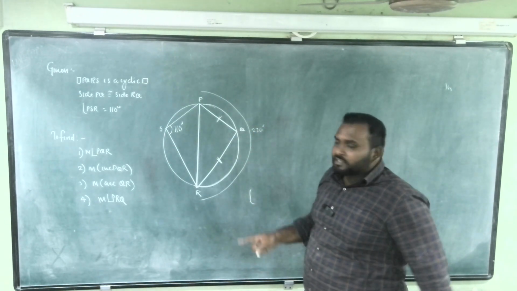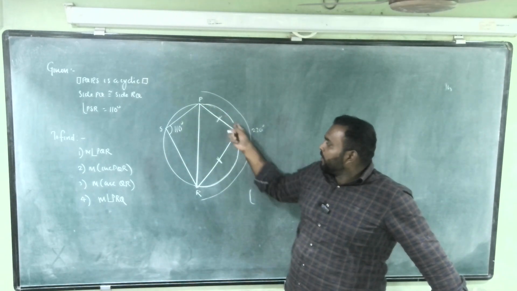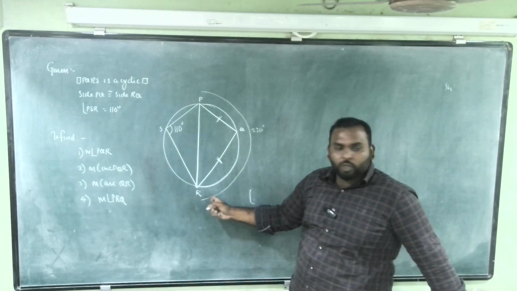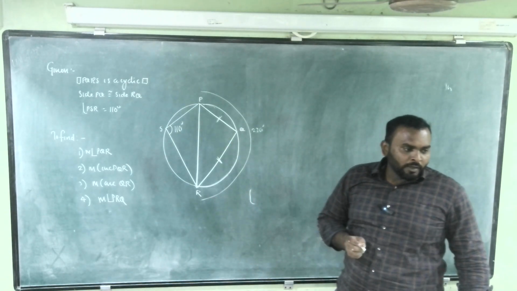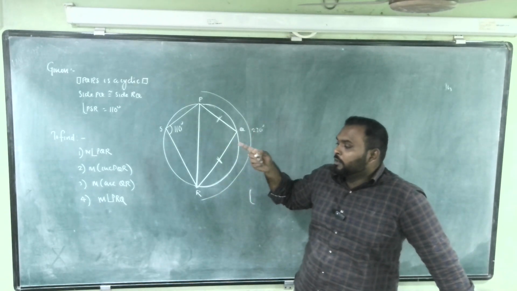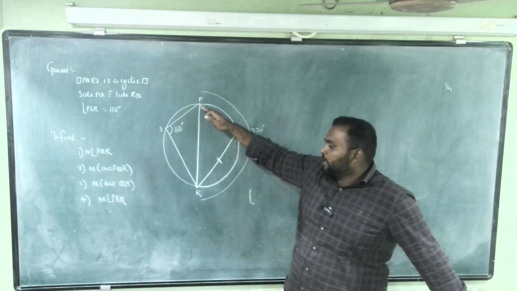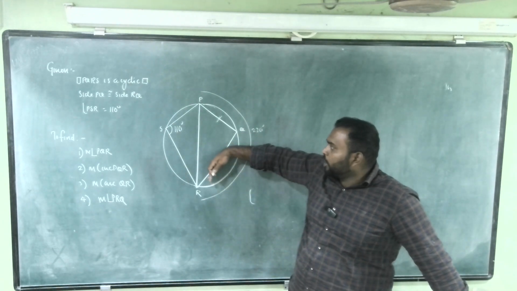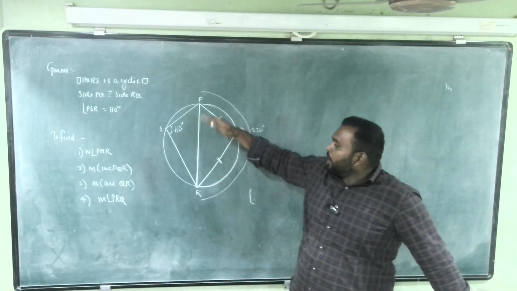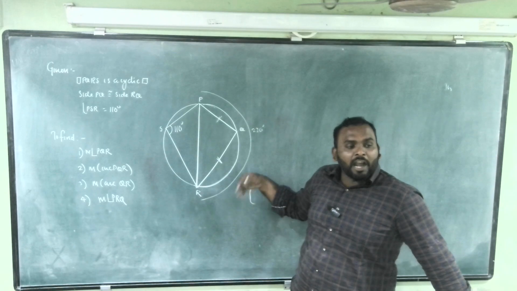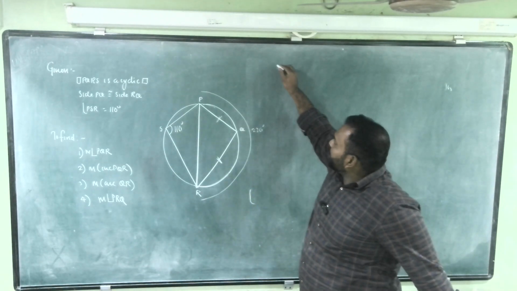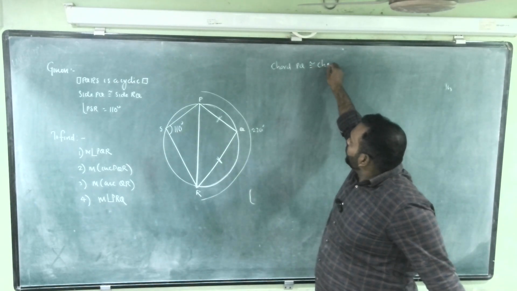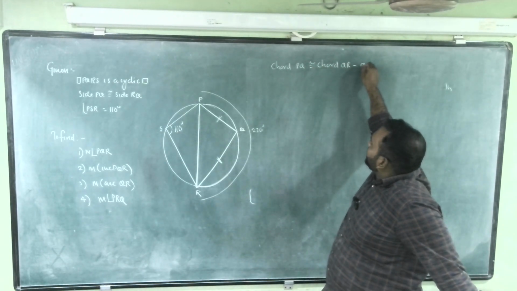This PQR is made up of arc PQ and arc QR, which are equal. Now you can ask me, sir, why is it equal? Because this chord PQ and this chord QR are congruent. Chords which are congruent, their corresponding arcs will also be congruent. Right? Chord PQ is congruent to chord QR, given.